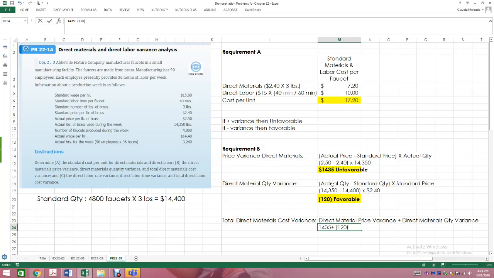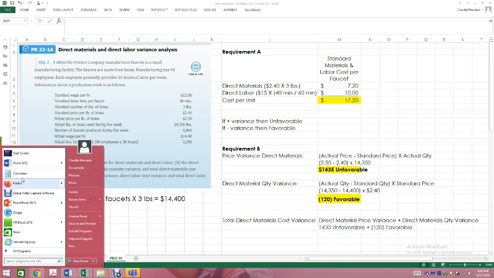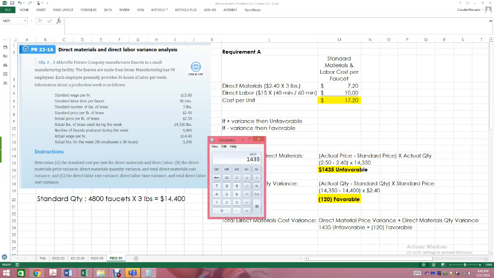Okay, and let's see what that gives us. So it's 1,435, that is unfavorable. And then 120 negative, which is favorable. Okay, and then that's going to give us 1,435 minus the 120.